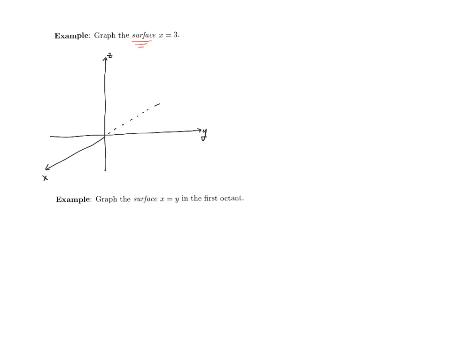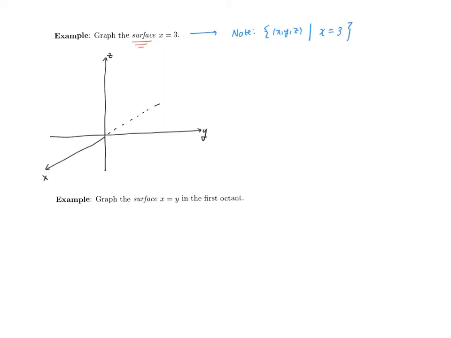And one way to think about this is to put it more into set notation. The observation is this surface x equals 3 is made up of a bunch of three-dimensional points. So they're all of this form x, y, z. And the restriction placed on them is that x is equal to 3.